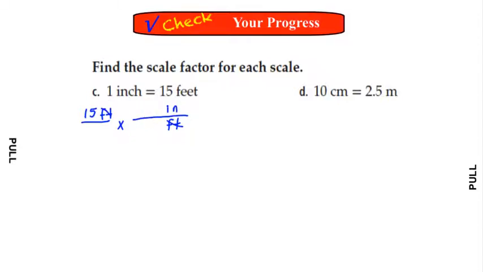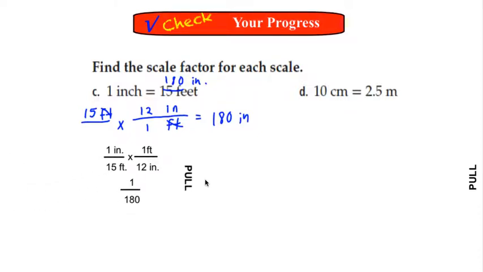And we know 1 foot contains 12 inches, so anything in the top gets multiplied. So 15 times 12 gives us a total of 180 inches. So we could really say that this is 180 inches. So our ratio then, or our scale factor, should be 1 to 180, right?